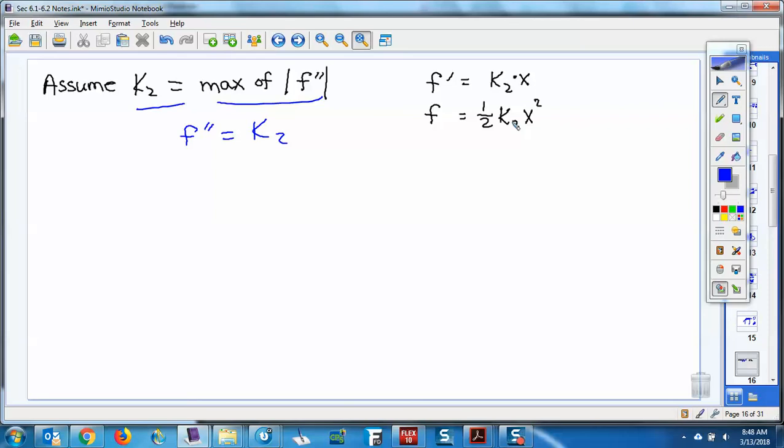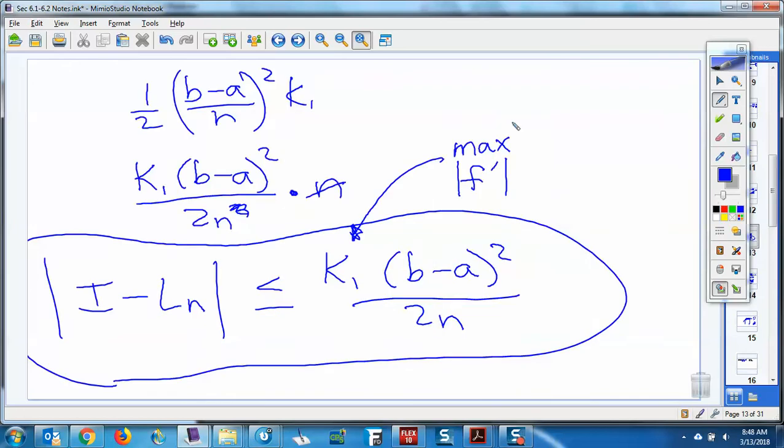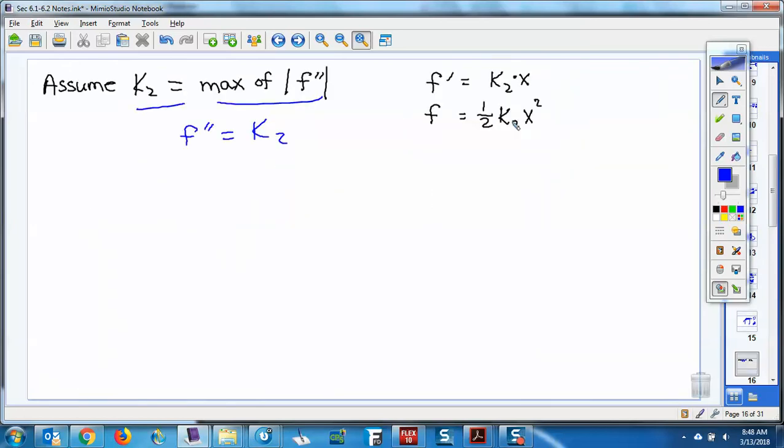Okay, now, a little trickier here, because since this just made a line, our max amount of error was just a triangle. So we just did the area of a triangle, so that made that easy. We're going to have to get a little fancier here. So what I want to know is how much error there is between my exact answer and my approximation.